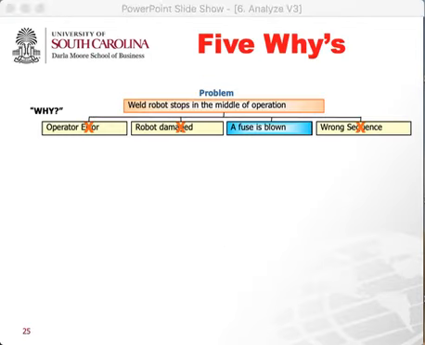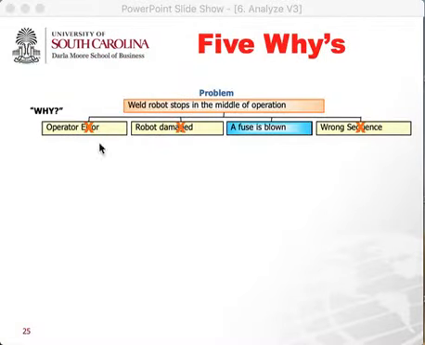It's important to understand that there are a lot of ways to go. There's an infinite number of whys. There's not one answer for things. That's what this slide is showing. The weld robot stops in the middle of operations. Why could it stop? What are the possible things?